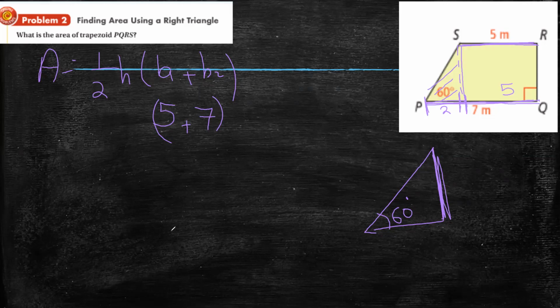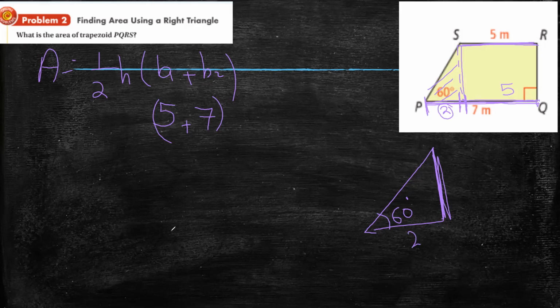After we cut this trapezoid, we make a right triangle and a rectangle. The first one is a rectangle. If here is 5, so down it will be 5. So 7 minus 5 will be 2, so here I have 2.